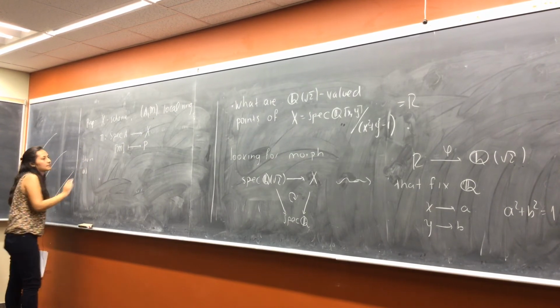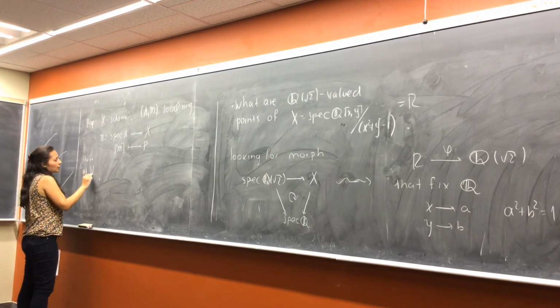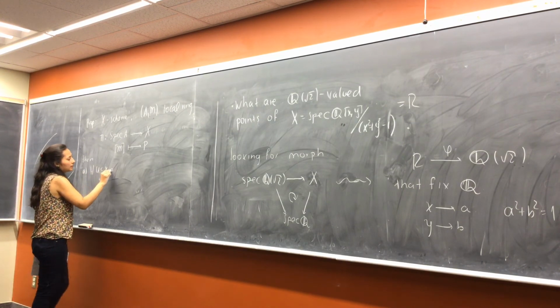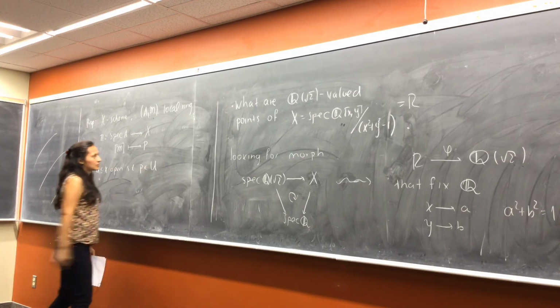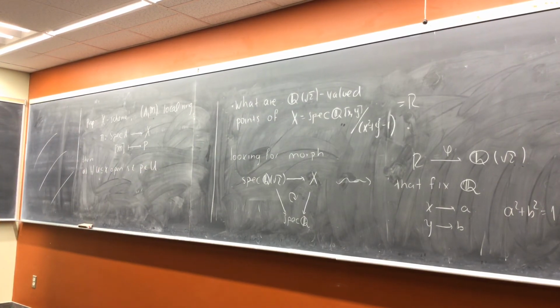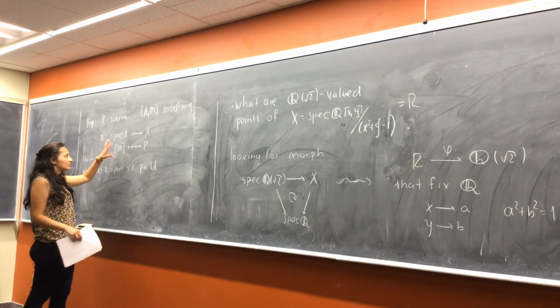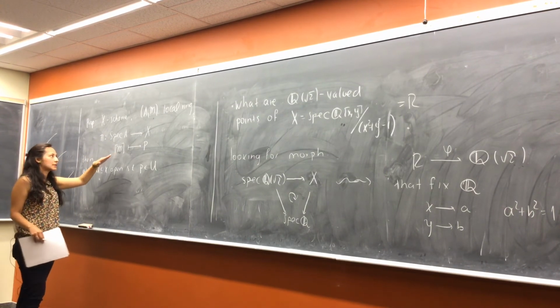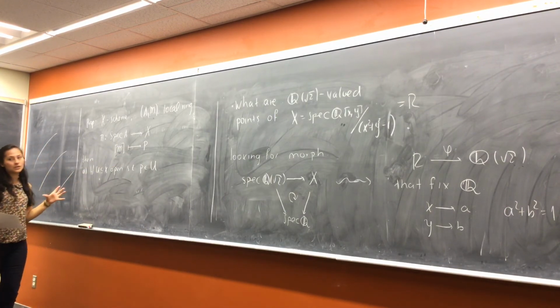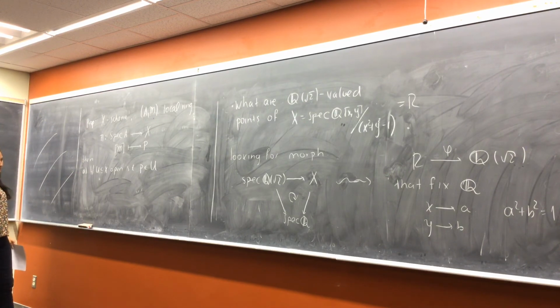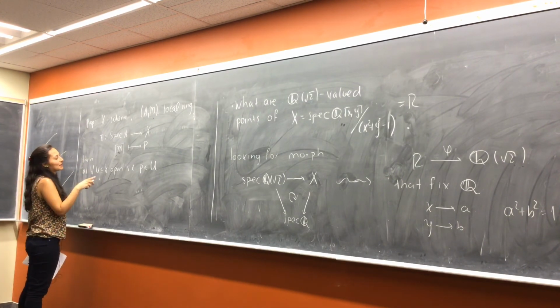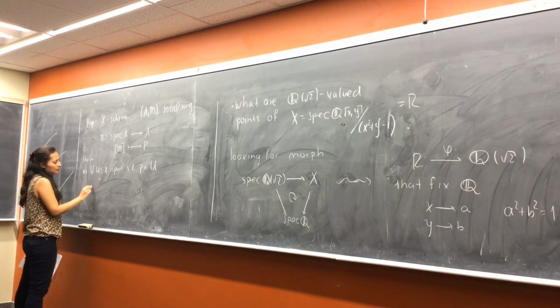The first one is that for all U in X open such that P is in U, what do you think is going to happen? So you send the maximal ideal, or the point representing the maximal ideal here, to a point, and you take a neighborhood of that point. What is going to be very useful, you will see why, is that actually U contains all the image of pi.